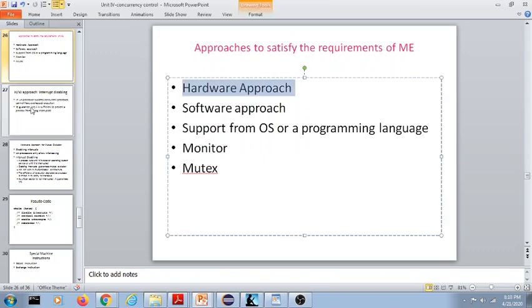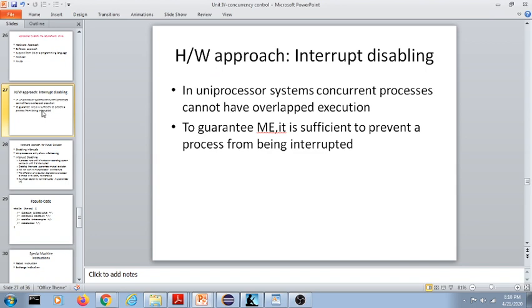Many processors, like Pentium processors and x86 versions, provide instructions, which are in turn some kinds of functions. They are indivisible instructions, usually executed in one instruction cycle, and by using those instructions mutual exclusion is taken care of.